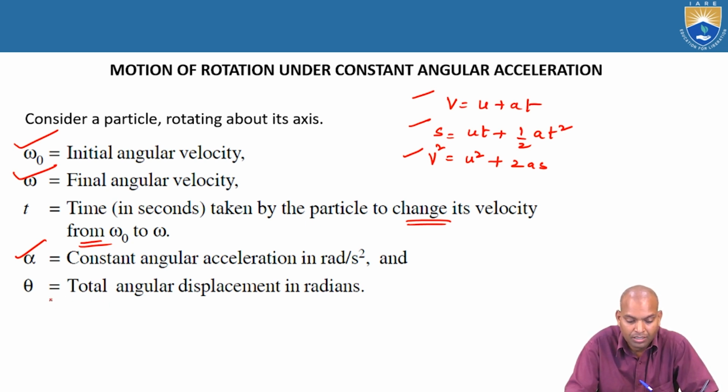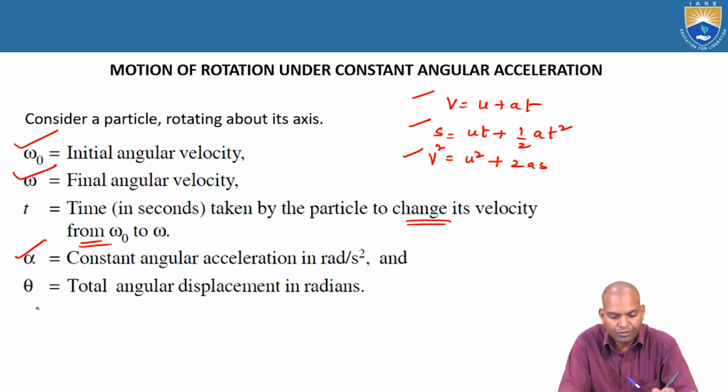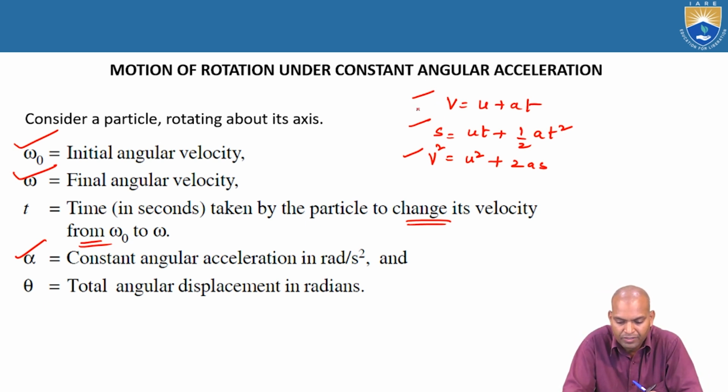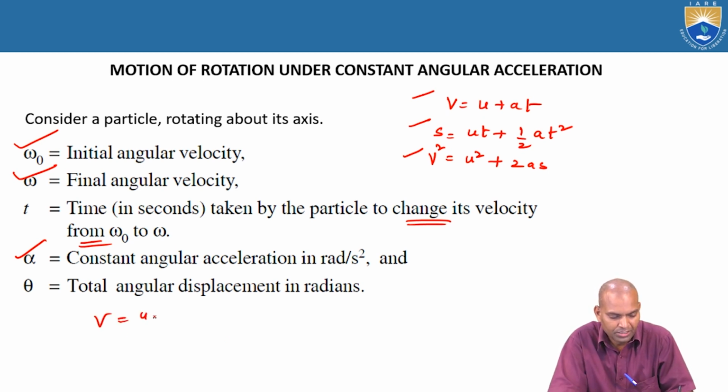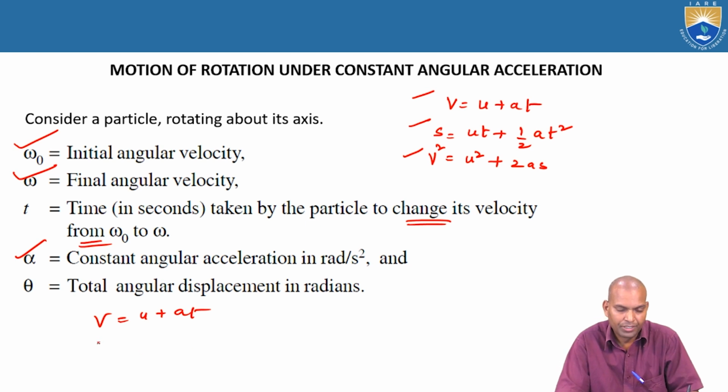If you understand the equations of motion for linear motion, in the place of final velocity you substitute final angular velocity, in the place of initial velocity you substitute initial angular velocity, and for acceleration you substitute alpha, the angular acceleration. So v equals u plus at for linear becomes omega equals omega 0 plus alpha times t for angular.